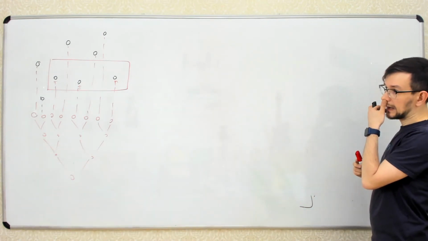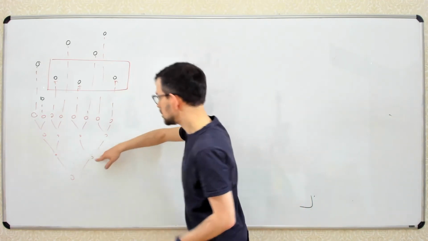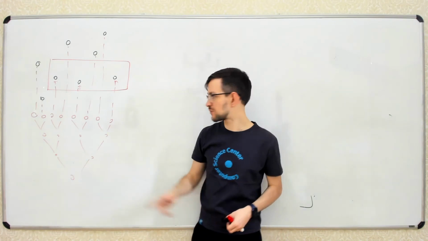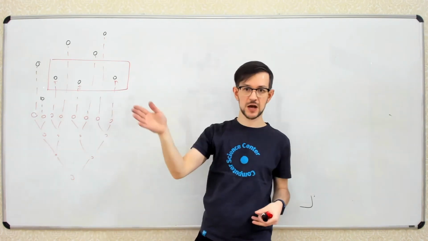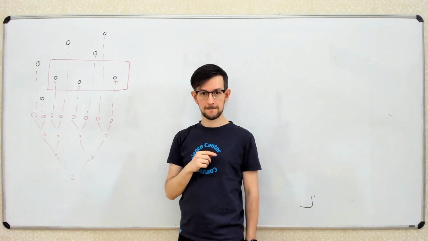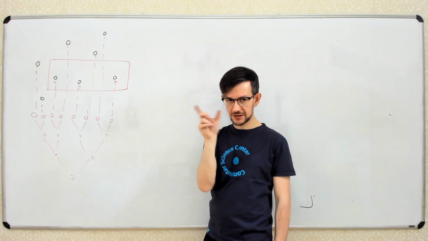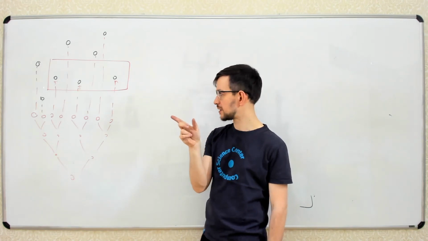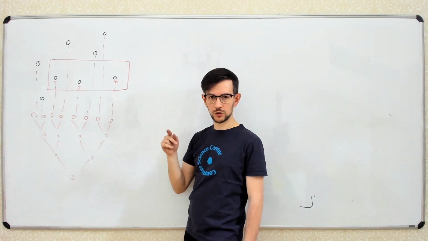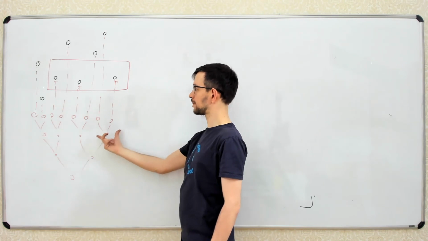Now, each node of this segment tree corresponds to some segment by x coordinate. Inside each of these nodes, we will maintain all the points inside this x segment. So we'll put not one value in each node, but all the points which belong to this segment.